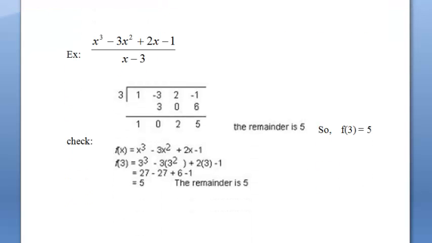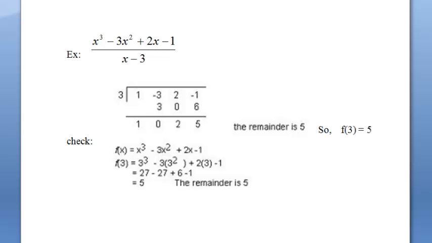So let's check that we would get that remainder actually. Let's go ahead and do that. We have f of x equals x to the third minus 3x squared plus 2x minus 1, just like we had up above. Let's go ahead and figure out what f of 3 is. That means that we substitute 3 in for the x's. So I have 3 cubed minus 3 times 3 squared plus 2 times 3 minus 1.